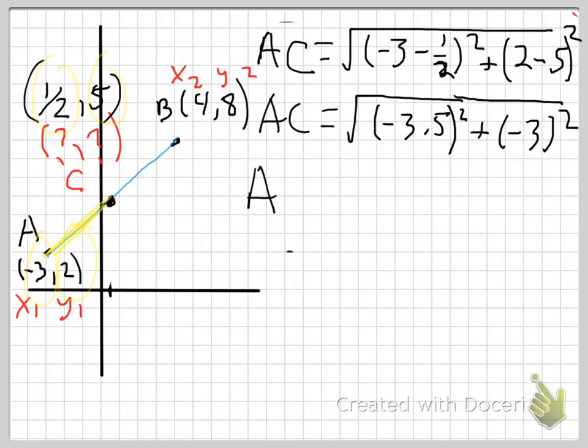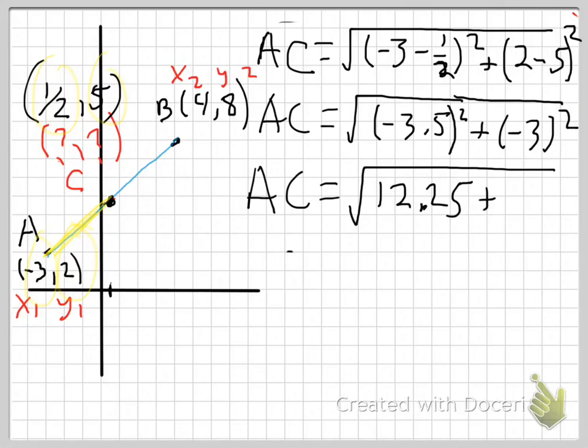So AC equals, well, -3.5 squared is 12.25 positive. If you got a negative, you forgot to put it in parentheses. Plus -3 times -3 is 9.